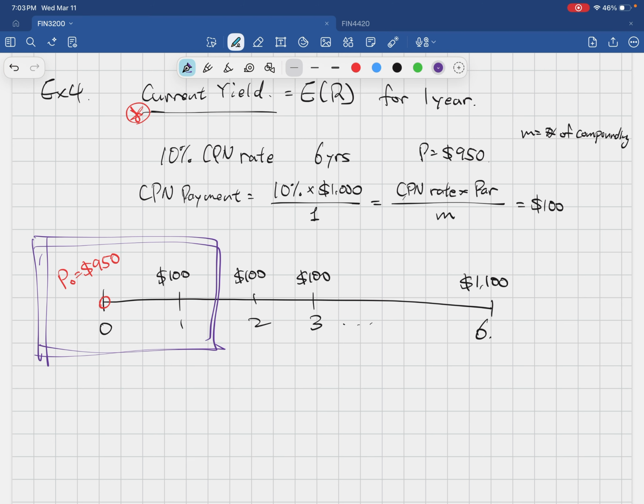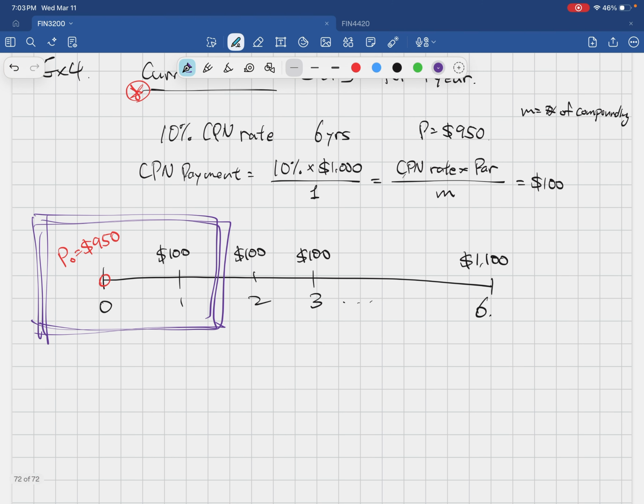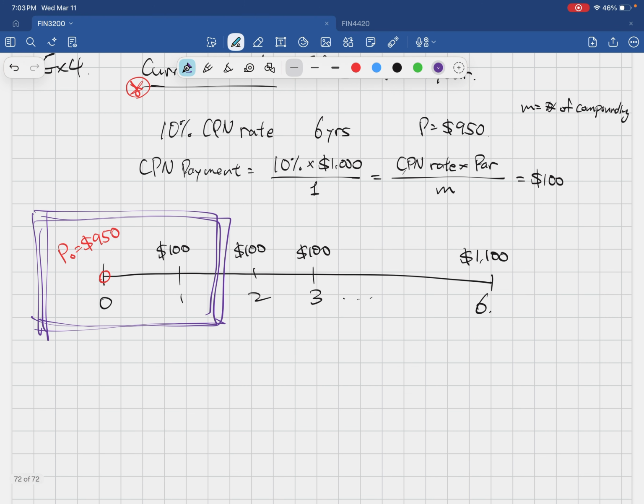We're a short-term investor, and we only care about what's going to happen in the 1 year period. We're trying to calculate the expected return for a short-term bondholder, so we can decompose return into 2 parts.